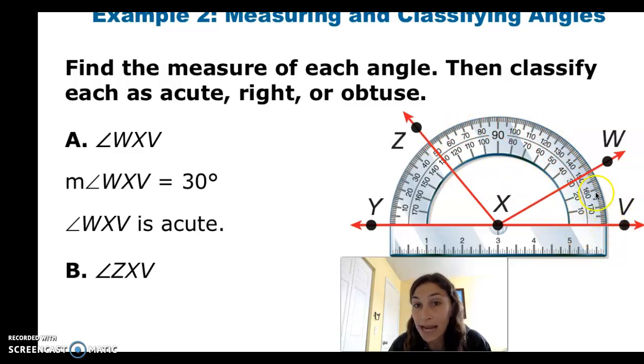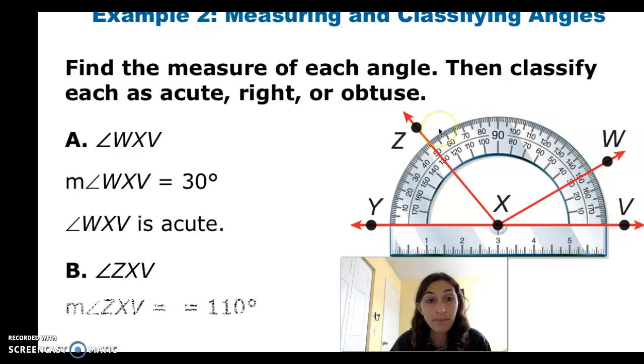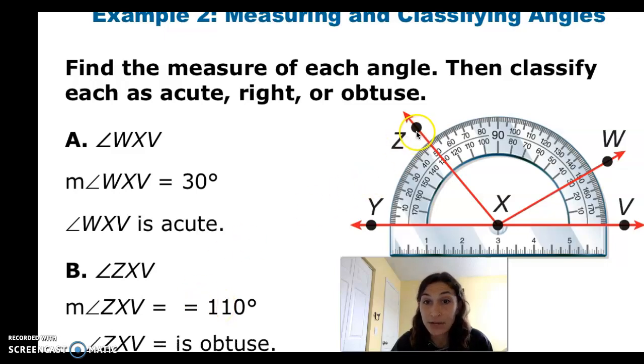So I'm going to do 180 minus 150, which will give me 110. Okay, so if I know that this is 110 degrees, I know it is more than 90 degrees. So I know it's going to be an obtuse angle. As you can see, angle ZXV is larger than 90 degrees, which is why it's an obtuse.